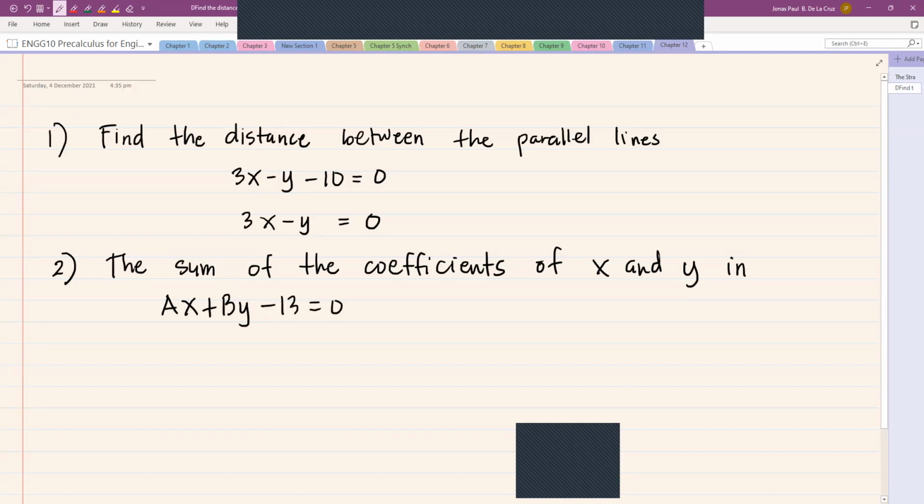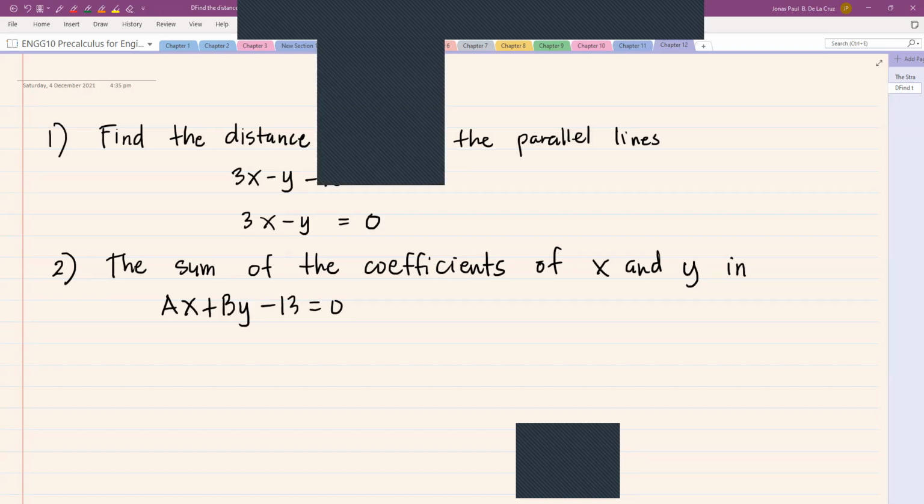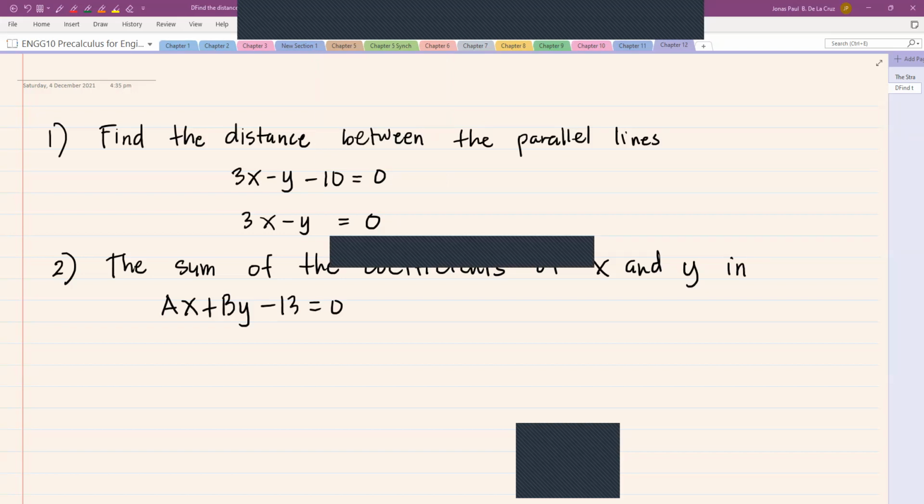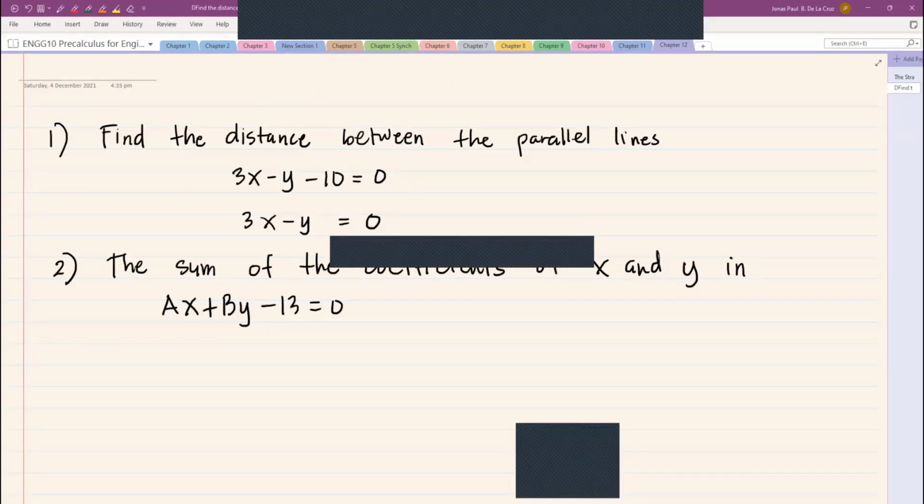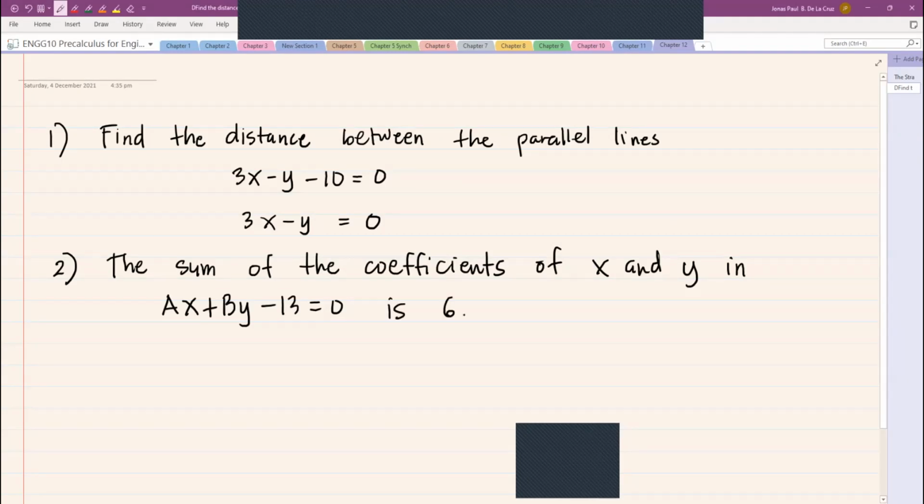Ilak ko yung meeting para wala nang maka-attend na iba. The sum of the coefficients of the line Ax plus By minus 13 is equal to 0 is 6. The sum of the coefficients is 6.